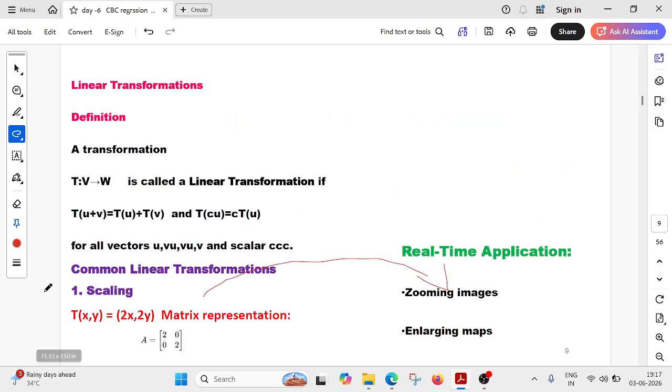So the linear transformations, these two: one is addition and the other is scalar multiplication. And then I focused only on scalar scaling because we have many applications like zooming images and launching maps and all. I think you are going to get this in 3.1 or 2.2.